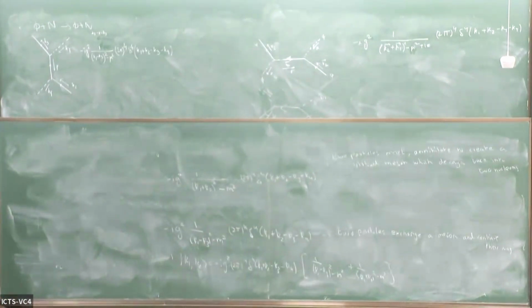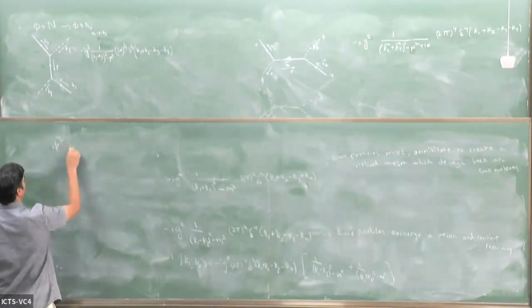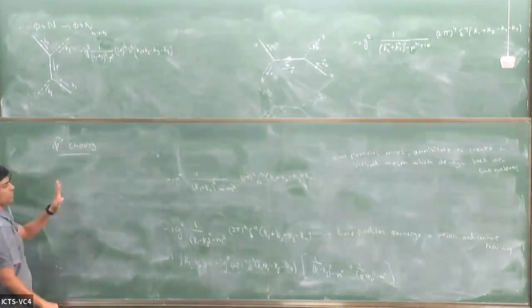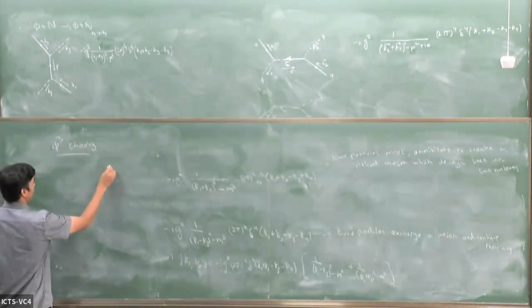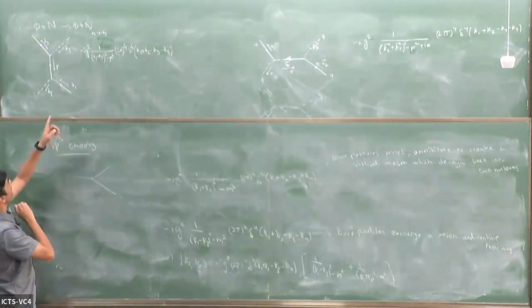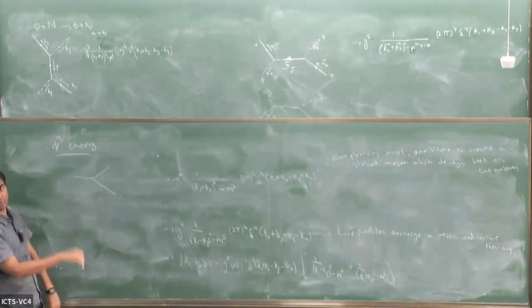Let's say I consider what's called the phi cube theory. We're not really studying it, but it has three scalars interacting this way. And I try to study the same process that we had earlier: K1, K2 goes to K3, K4.